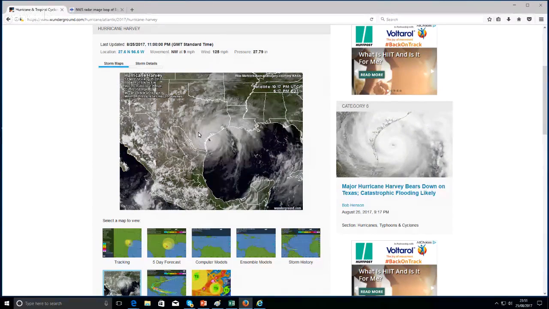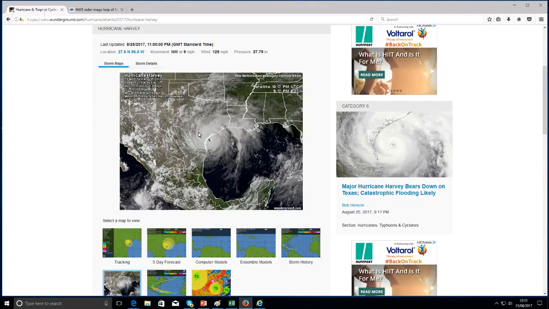But nevertheless, the wind speeds do also tend to decrease. So it's not that the storm is weakening, but as a result of this process, the wind speeds do decrease. But as people have pointed out, it also means that the wind field tends to expand. So it's not necessarily a good thing. There are advantages and disadvantages to this.